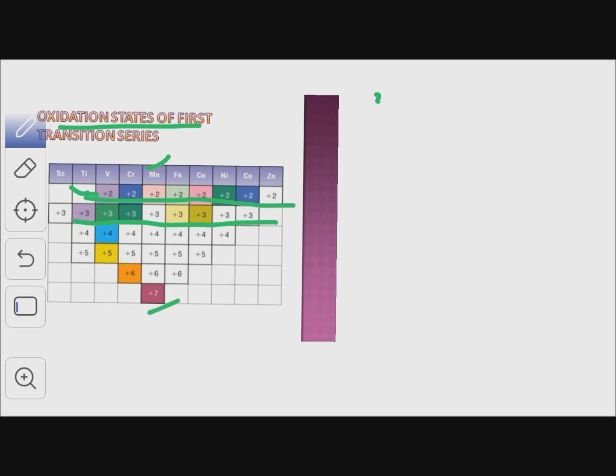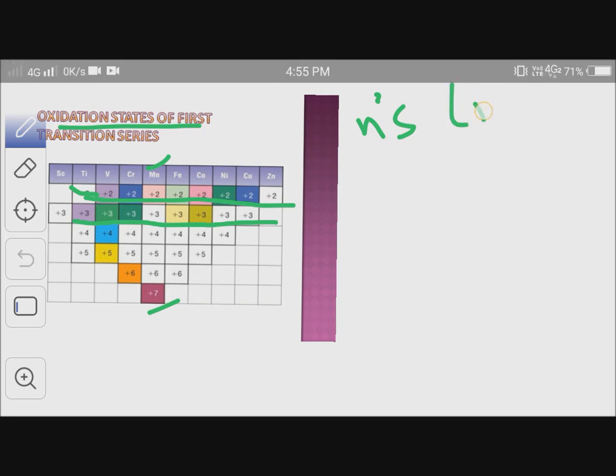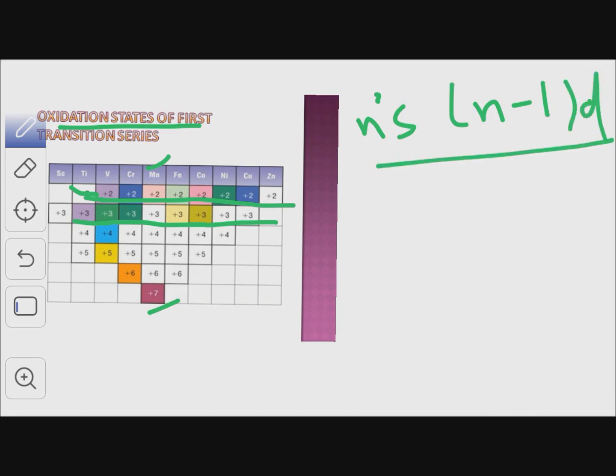These are due to the participation of both types of electrons, ns and n-1 d electrons. Variation of oxidation state is due to the ns and n-1 d electrons.